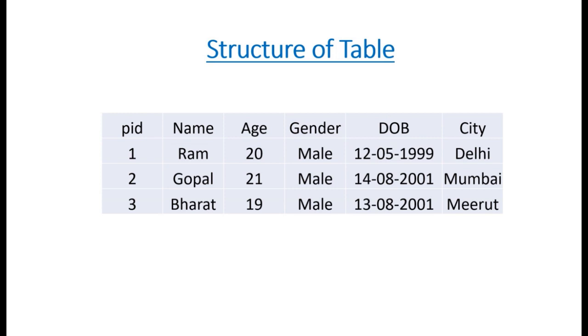When we are talking about name, in the name we are storing characters. When we are talking about age, we are storing some integer value. In date of birth, we are storing some date. As you know, MySQL is a query language which helps us to interact with the database.